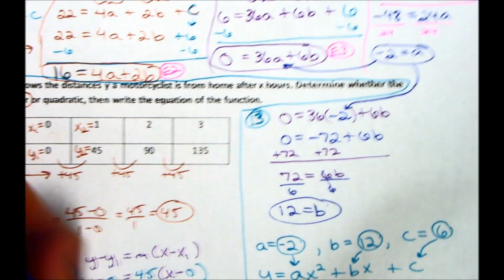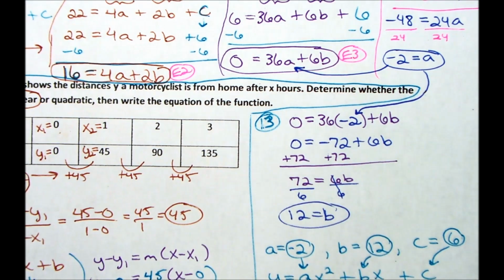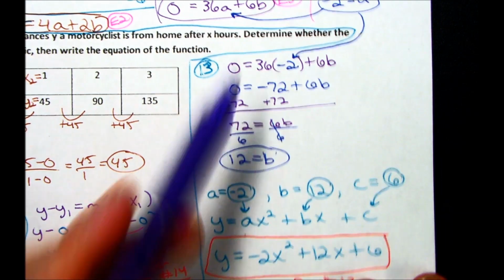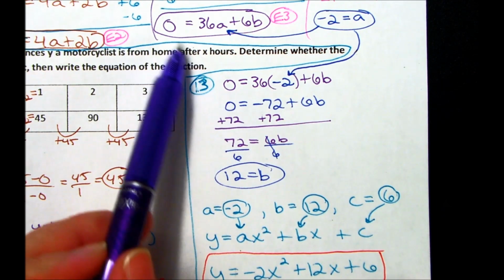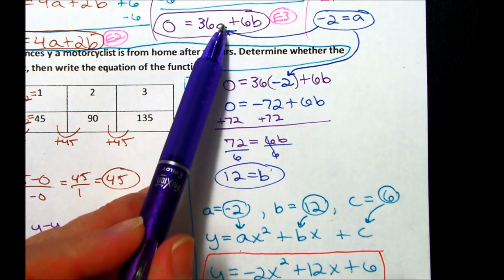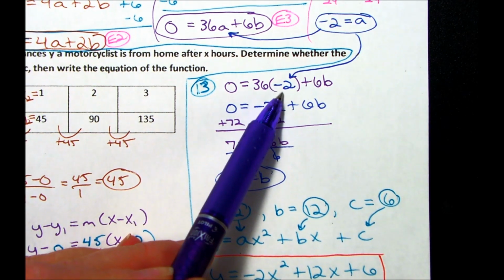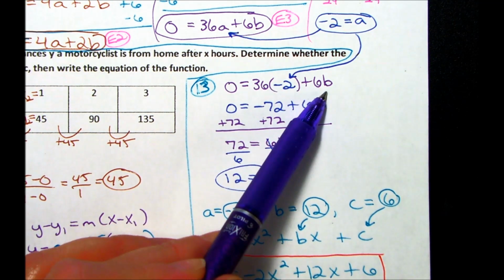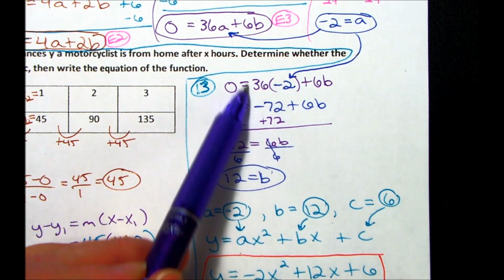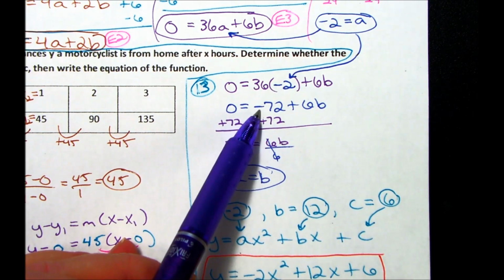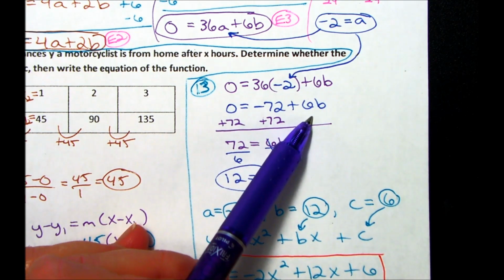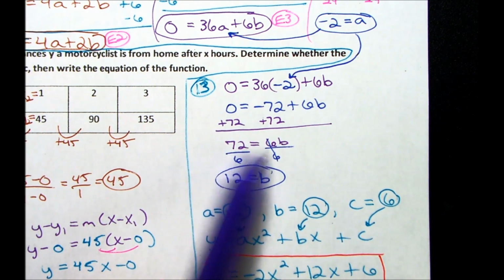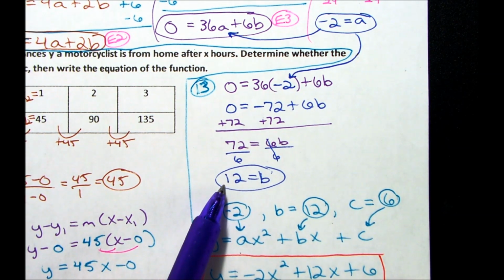Trying to move this up a little bit so you can see. All right, so 0 equals 36. In place of a, you put the negative 2 plus 6b. 36 times negative 2 then will be negative 72. Bring down your 0, bring down your 6b, add your 72, divide by 6, and you get b equals 12.